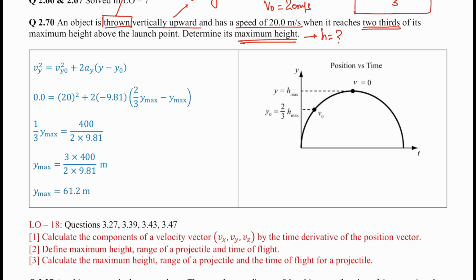So there is no time. No time is given. So you have to use Vf square is equal to Vi square plus 2a times xf minus xi, or you can say yf minus yi. So we can solve the whole question in terms of yf minus yi. Okay, at the maximum height, the final velocity is 0.